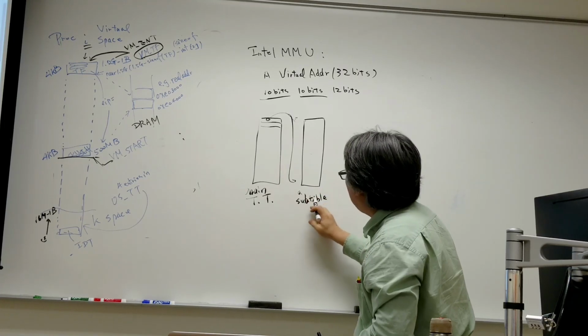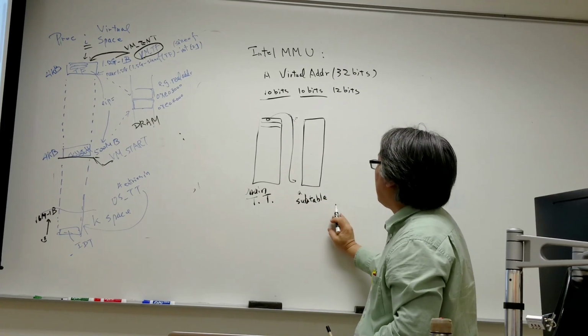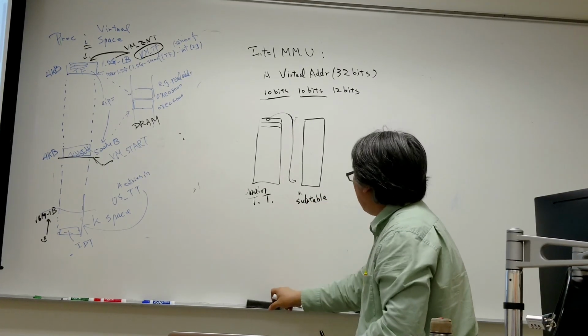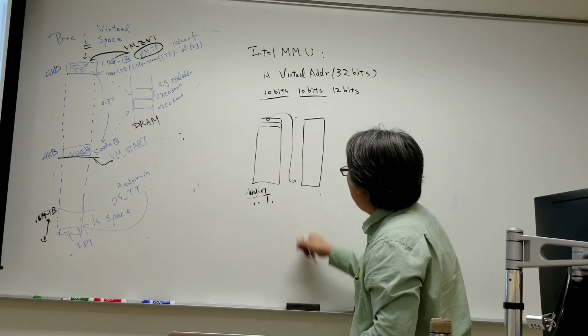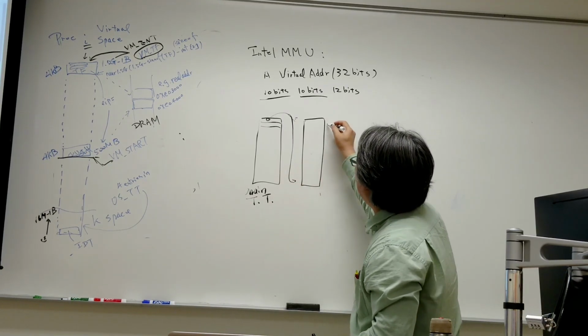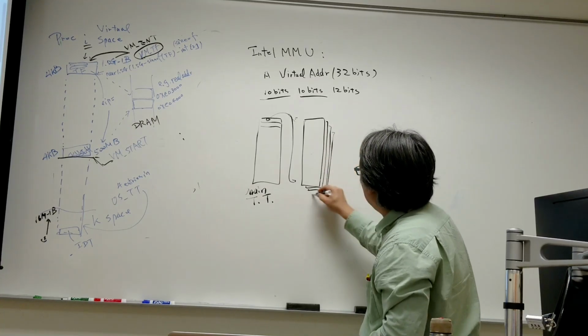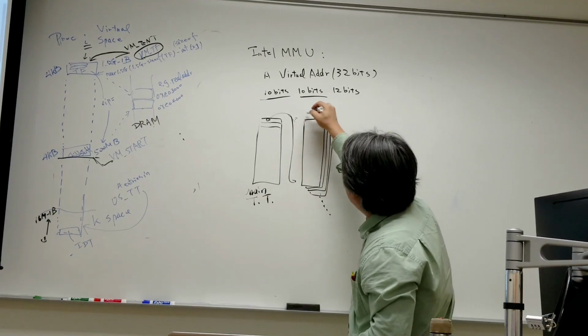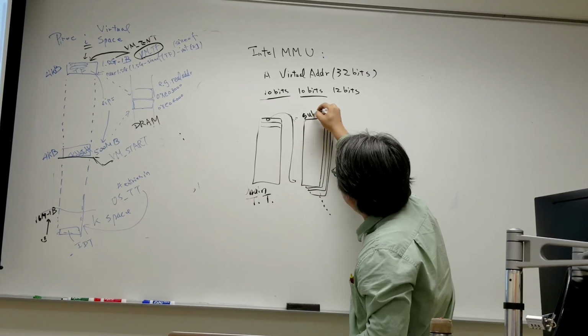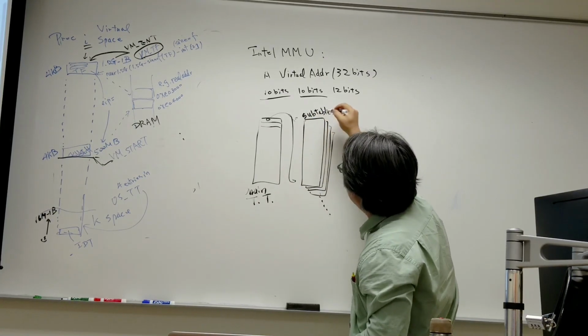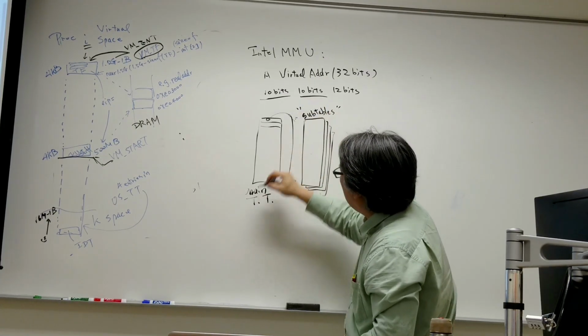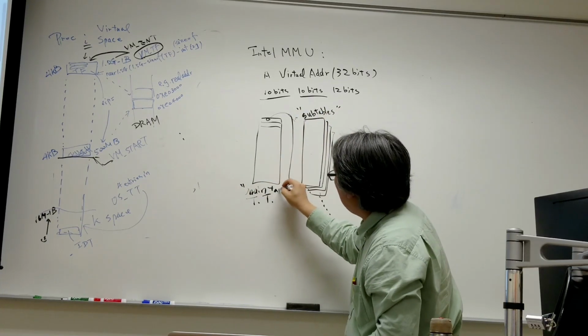You'll see the reason why main and sub tables happen. How many entries here can have how many sub tables? So there's one main table.